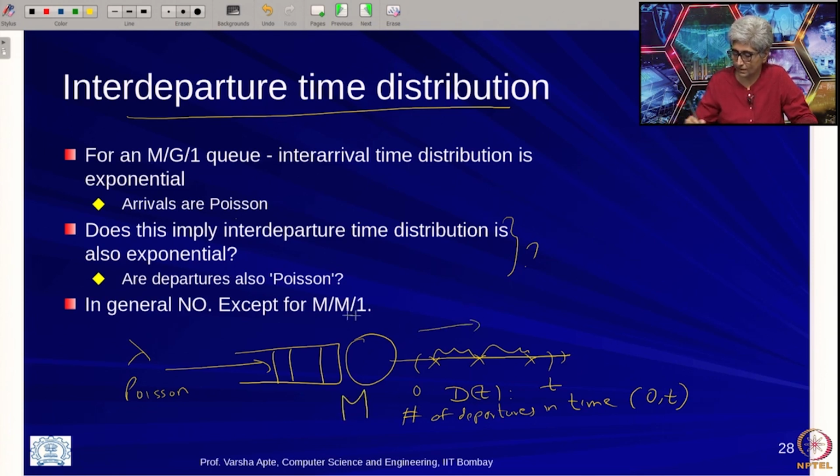So, that is the MM1 case. If arrivals are Poisson and service times are exponential, then departures are also Poisson. Again this is a property that helps us in putting together queuing networks which can be analyzed, and this we will see in some subsequent classes.